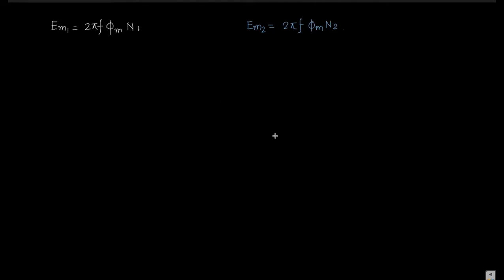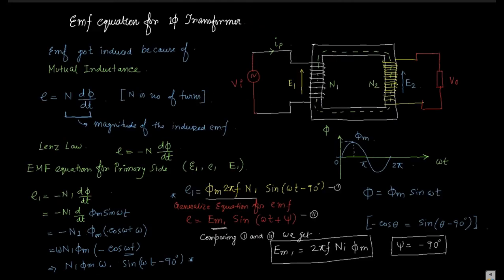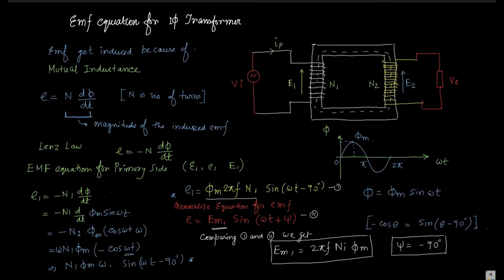Now what was the generalized equation? E is equal to Em sin(omega t plus phi).